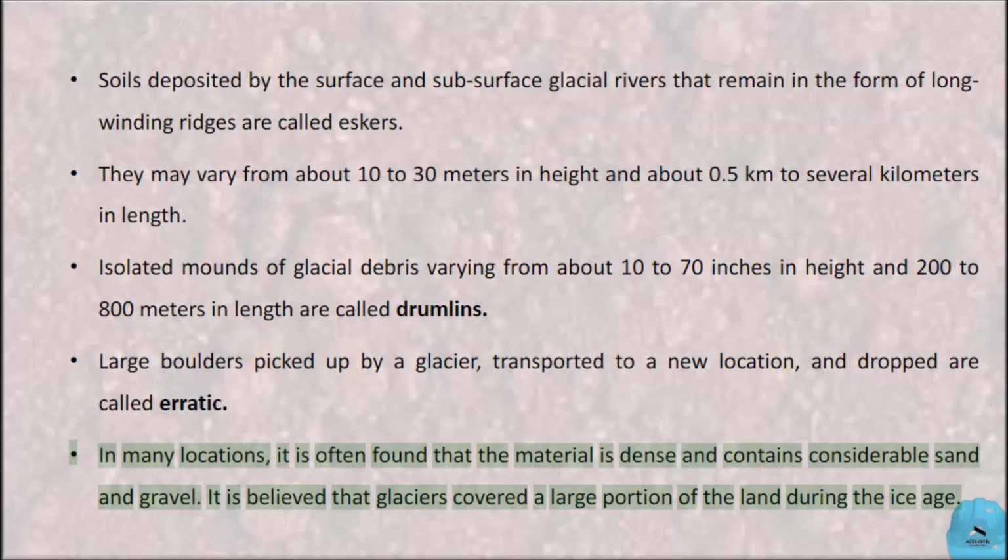In many locations, it is often found that the material is dense and contains considerable sand and gravel. It is believed that glaciers covered a large portion of the land during the Ice Age.